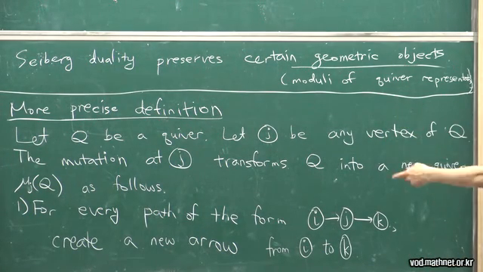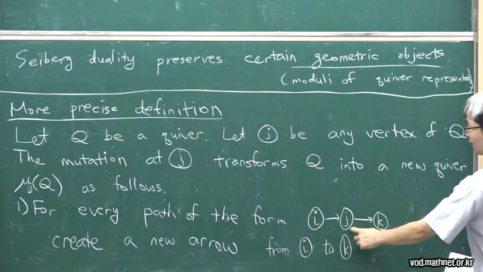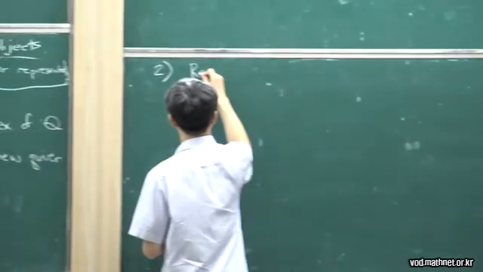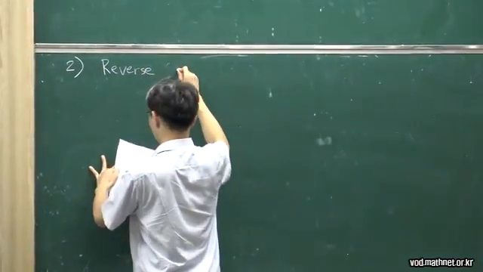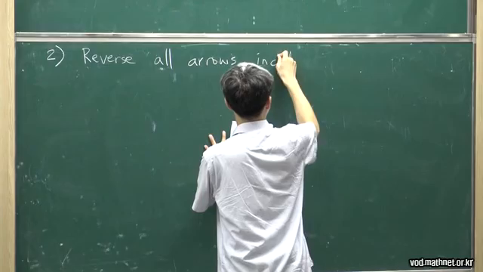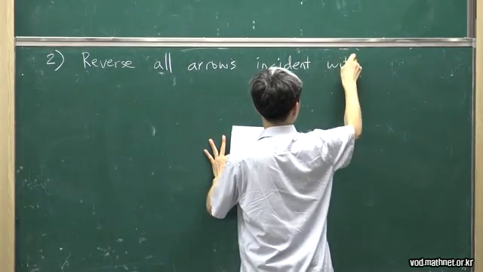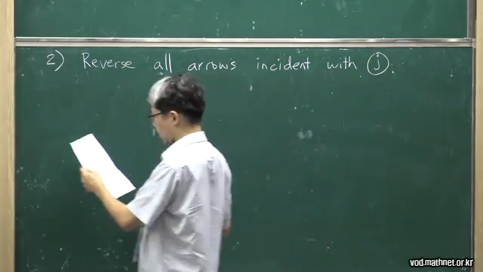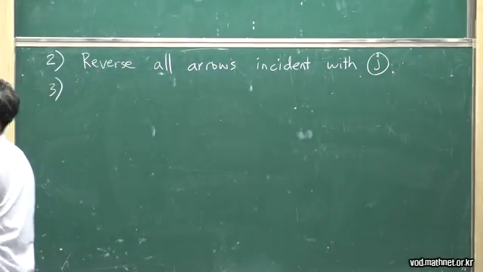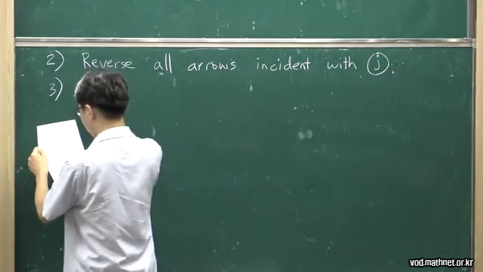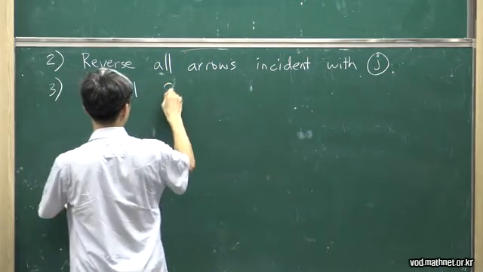So as I did there, I will look at every path of length 2 passing through J, and then create a new arrow from I to K, and reverse the arrows that are attached to J. And then finally, these steps 1 and 2 might possibly introduce 2 cycles, and then we just cancel 2 cycles one by one.